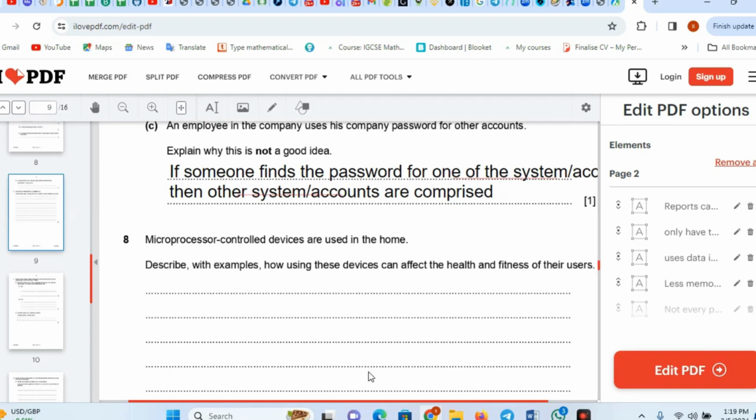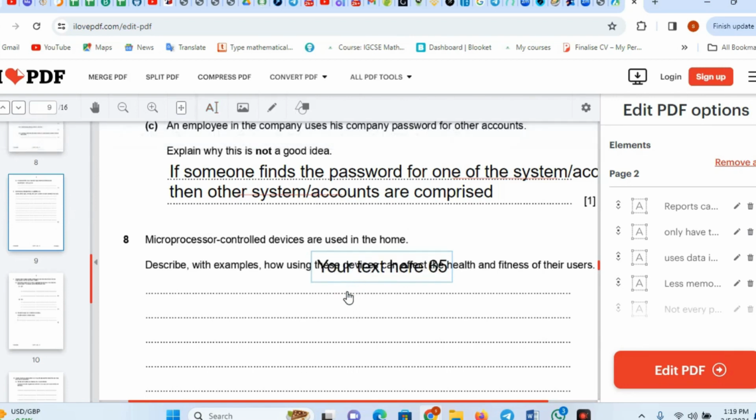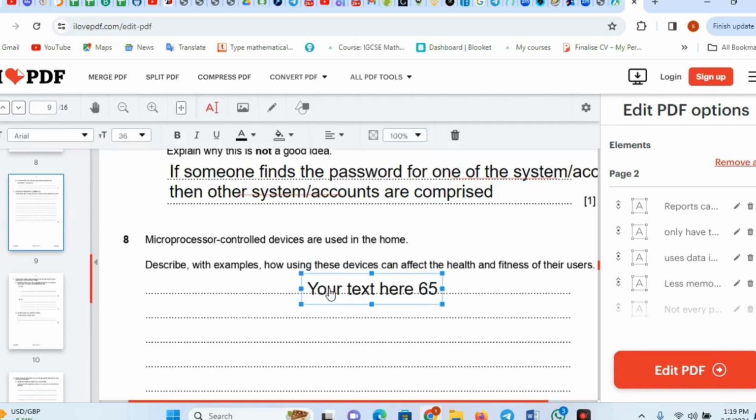You are now to describe with examples how using these devices can affect the health and fitness of the users.